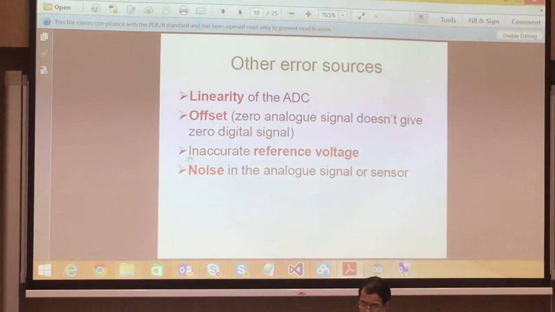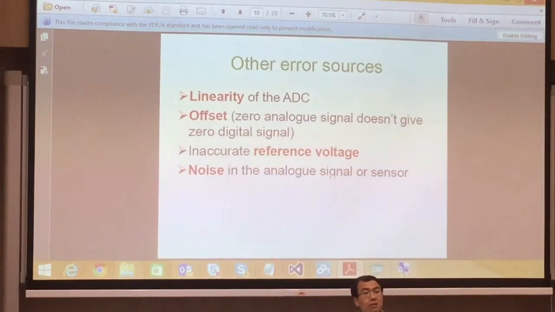And the other one is inaccurate reference voltage. For example, in a circuit, usually we take the reference voltage from 3.3 volts. But if you take the reference voltage from the power supply, actually it's not accurate. Why is that? Let's say you use 2 batteries.